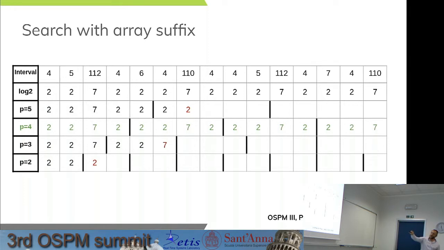You see that for period 5, the repeating breaks right here, and for period 4, it's repeating. Because it's period 4, we have the initial period and the suffix. We know that the 4th element is 2 here.